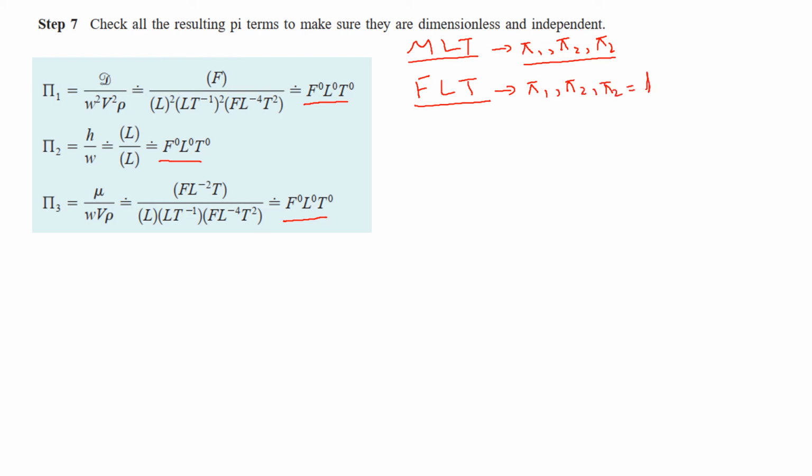In this case they should be F to the power 0, L to the power 0, T to the power 0. So this is what step 7 is all about: we have to cross check our result.